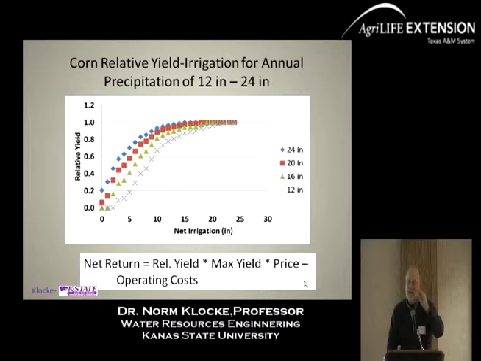So we can adjust these results based on you have a good producing field or a poor producing field, and that'll influence that yield calculation. That times price minus operating costs is net return. So we are looking at a net return without fixed cost.